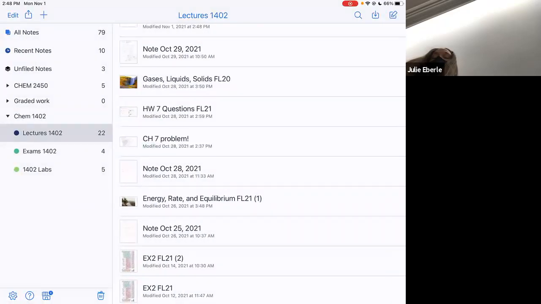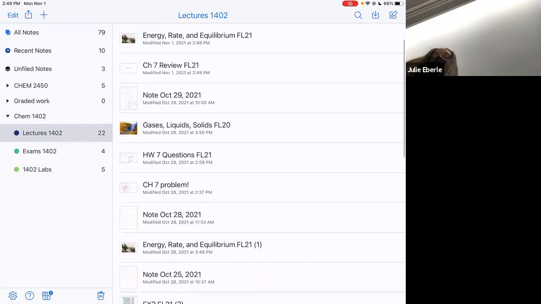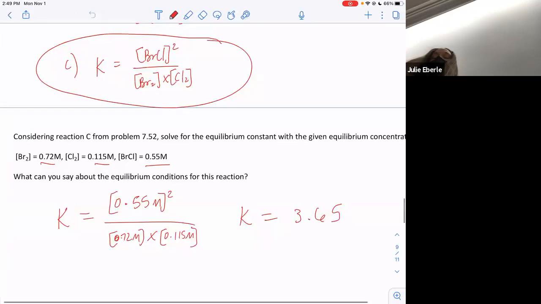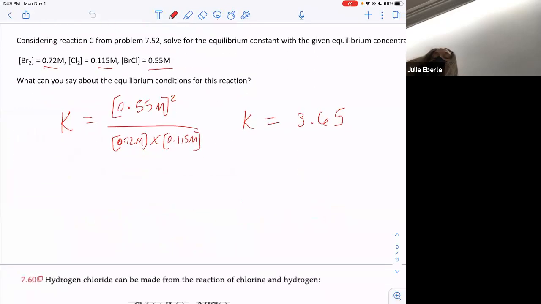I mean, to answer this kind of question, you need to know that information, right? So what would you say about this? More products, you could say the concentration of products is greater than your concentration of reactants at equilibrium. You could tell me several things.